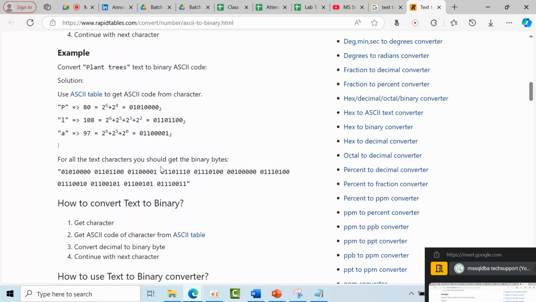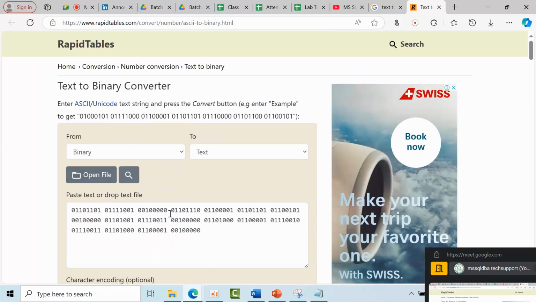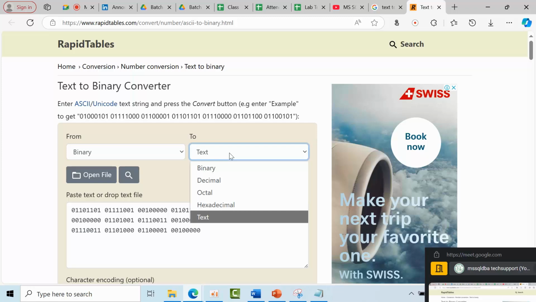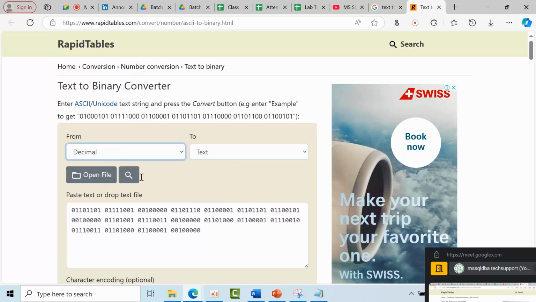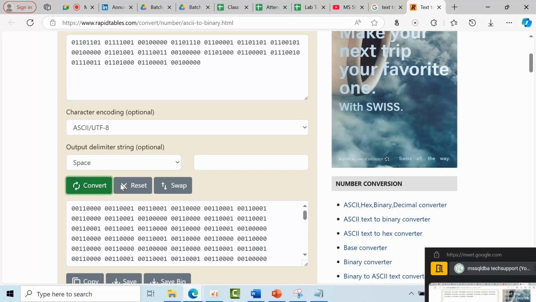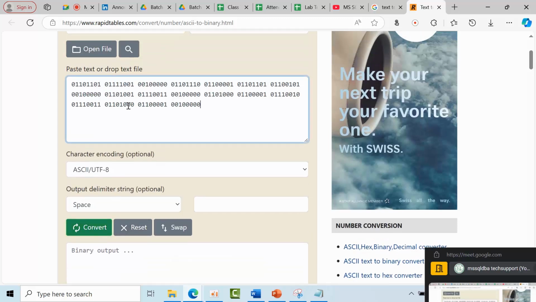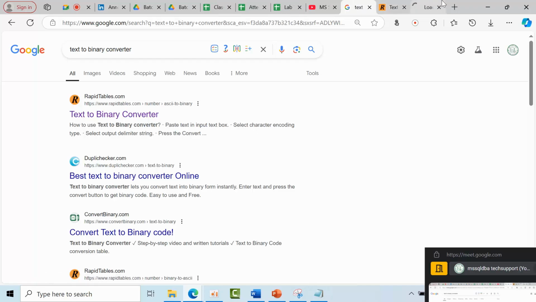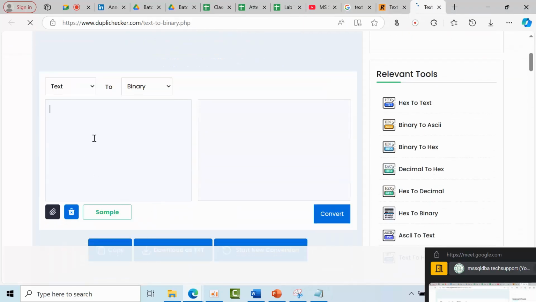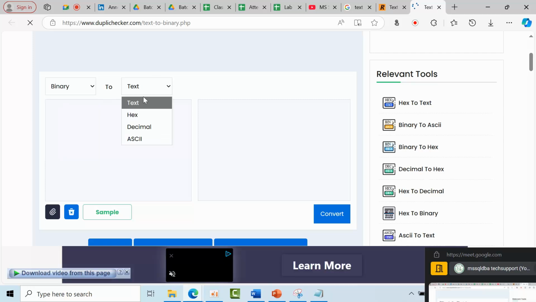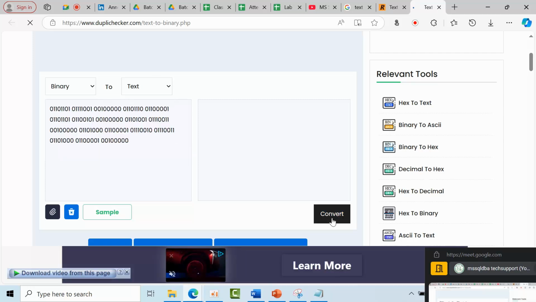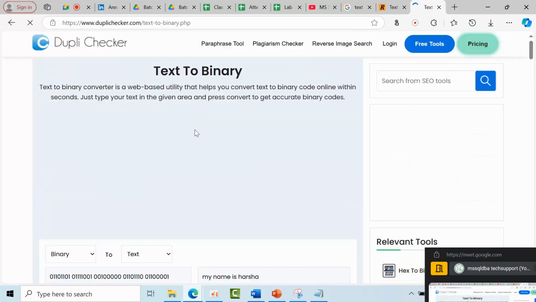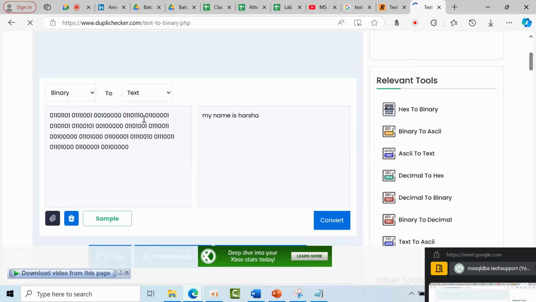We'll see this later. Binary to text, decimal. See, this is how the information is converted.